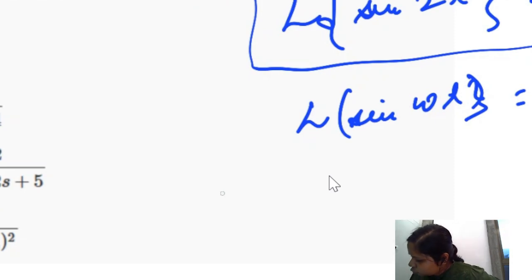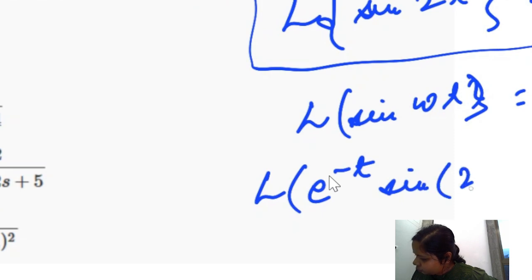Now see, the Laplace of sin 2t is this. Now what we want is the Laplace of e to the power minus t times sin 2t.